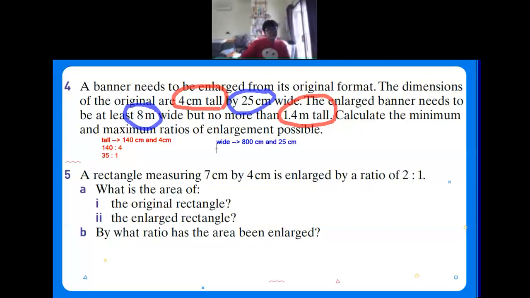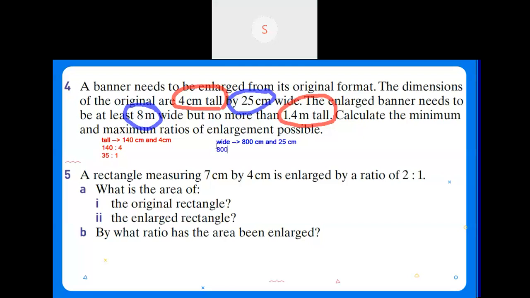If we are going to find the ratio for enlargement, we have to write the bigger number first, then the smaller number. So 32 to 1. So far, is there anyone who is confused?